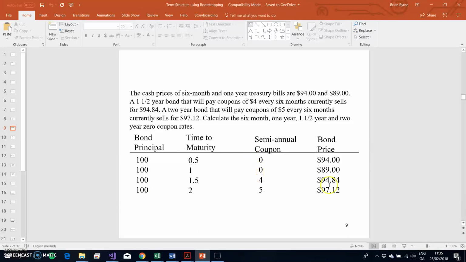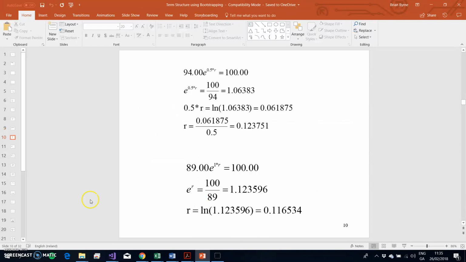Okay, so the first two, actually to deduce what the interest rate is in those two, relatively straightforward. We just set up an exponential, so if we're trying to work out the continuous interest rate, we consider this exponential term e to the power of 0.5r. We don't know what r is, we've got to solve for that, but we know if we invest 94 today, at the end of 6 months we get $100 back. What's the implied rate of interest that's continuously compounded?